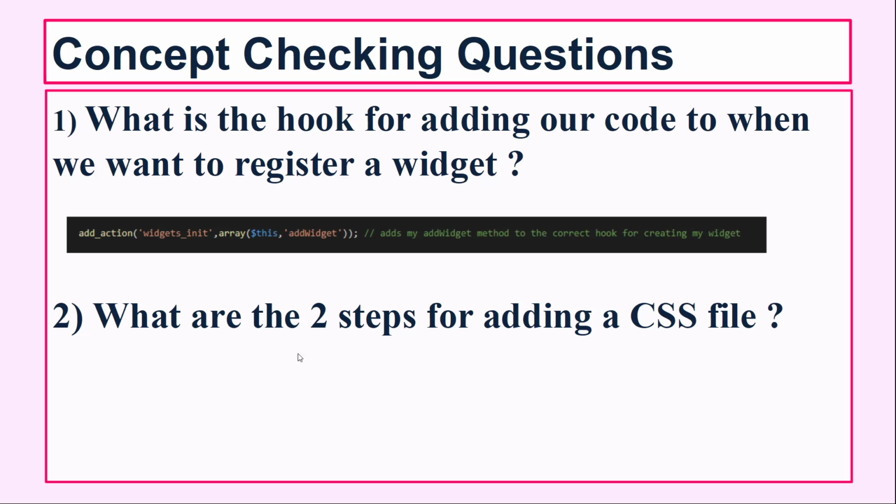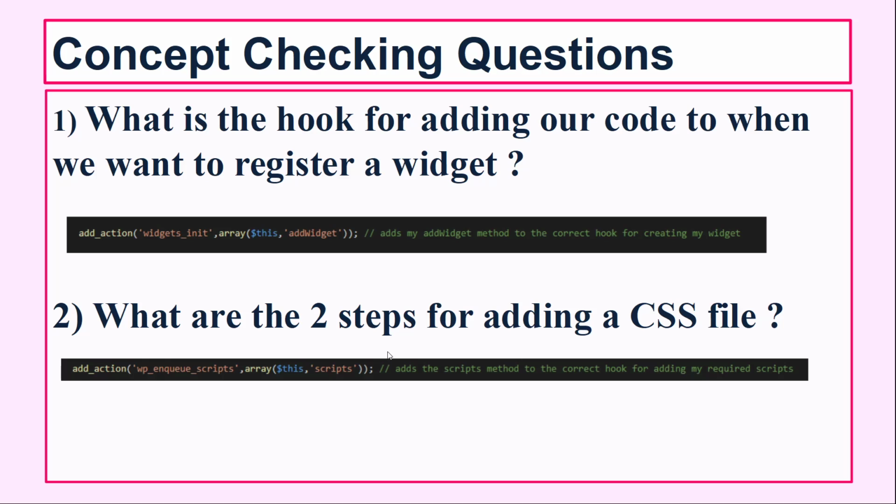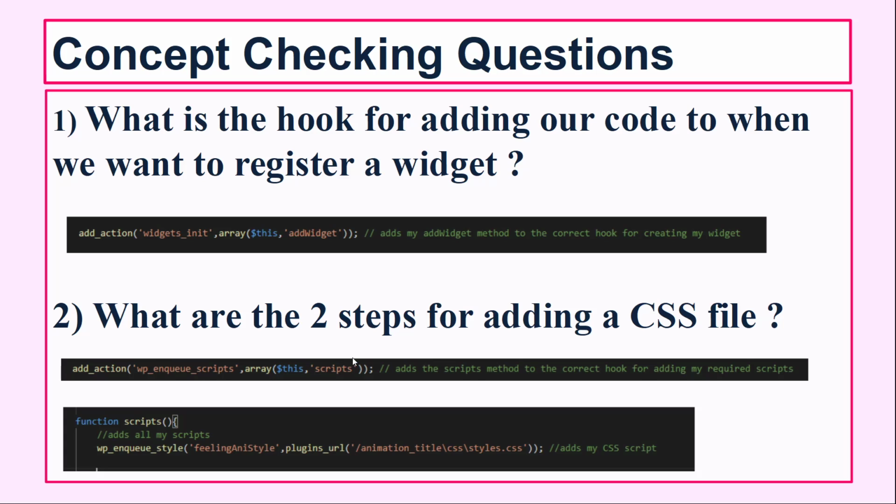What are the 2 steps for adding a CSS file? First, we need to add an action, and we need to attach our method or our code to this hook. So remember, the first value is the hook. Once we've done that, in that method we need to add another WordPress method, the style, and then we need to just attach it.